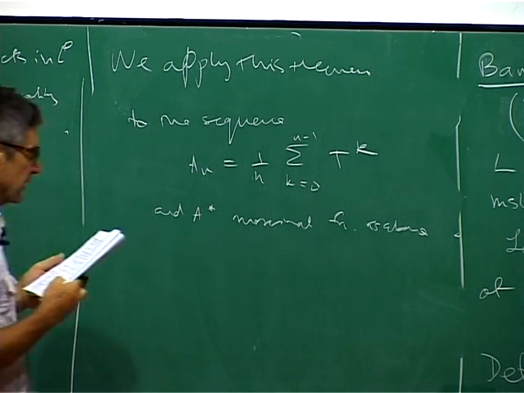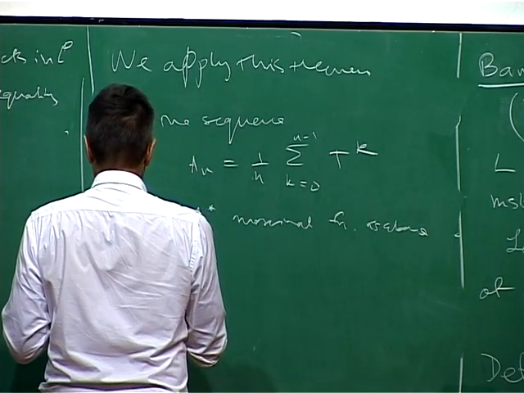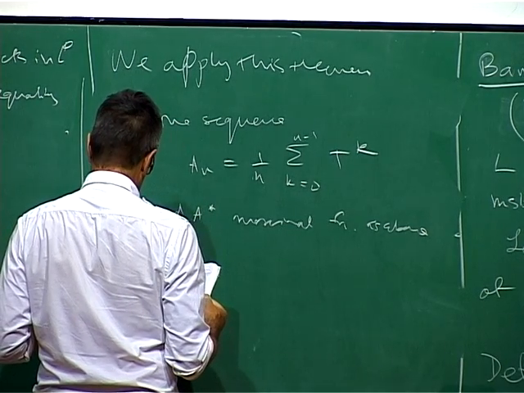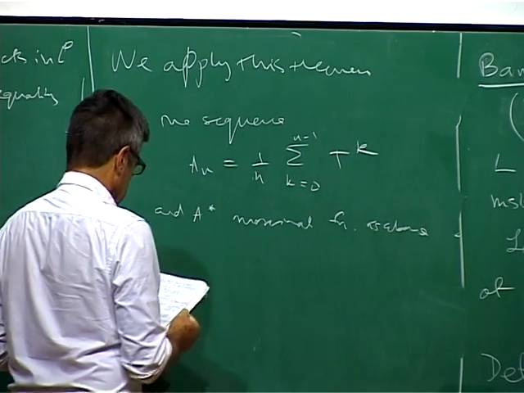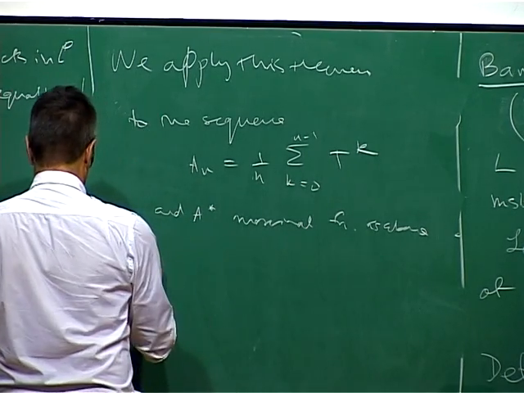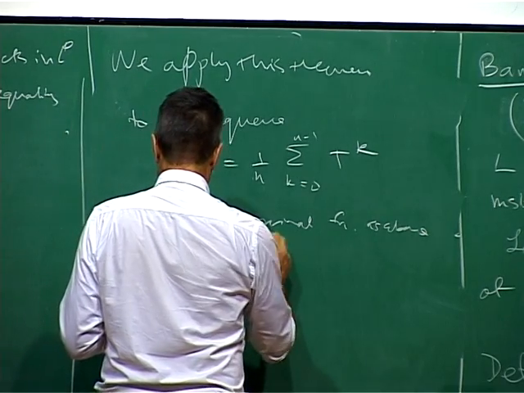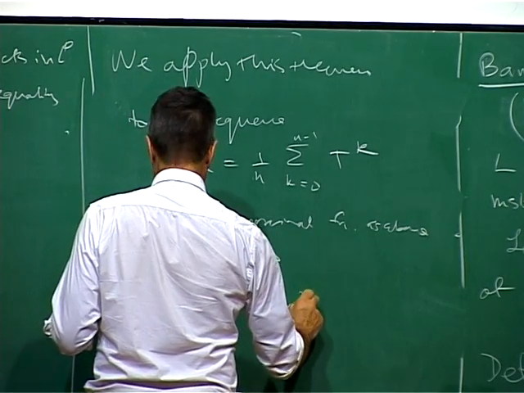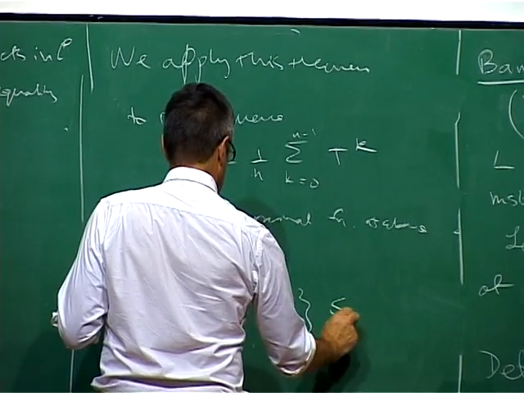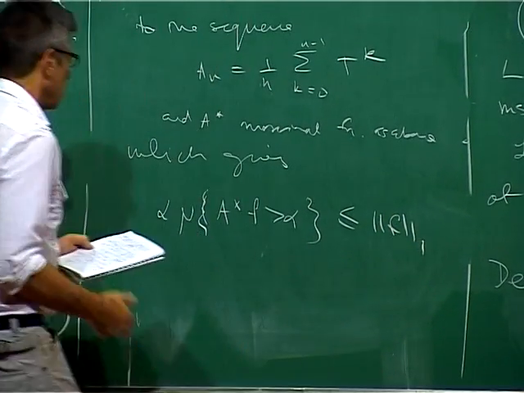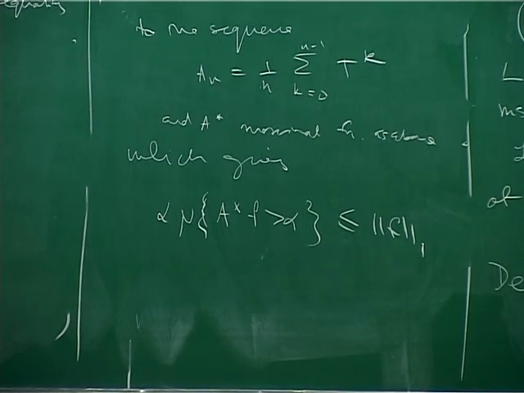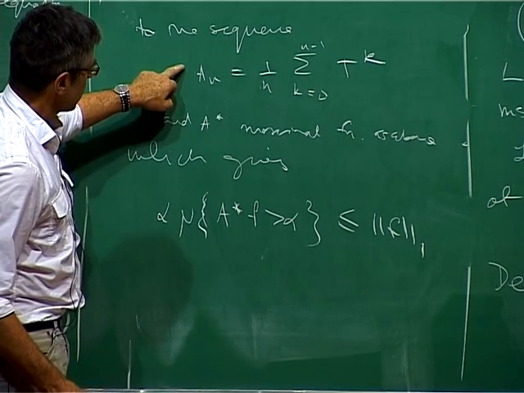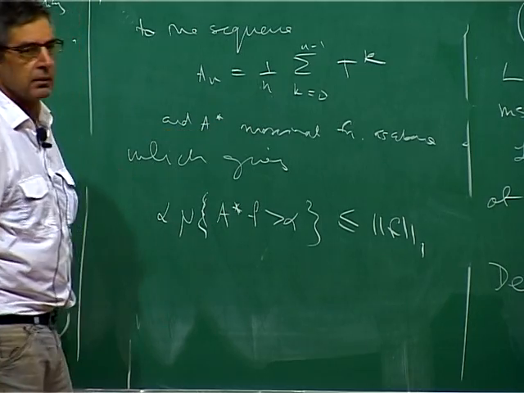And that gives us a weak maximal inequality. And so this is the max, the maximum value over n of all these averages, right?